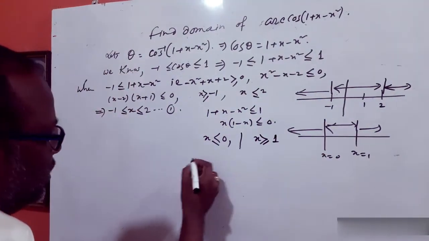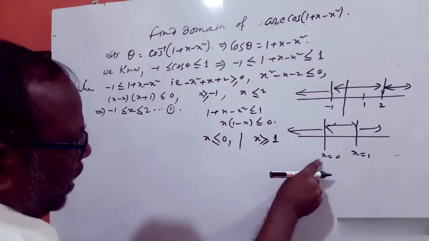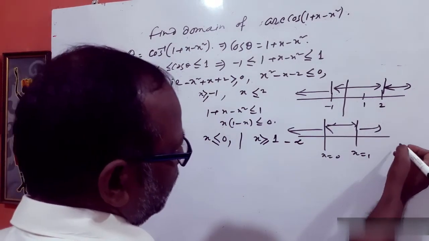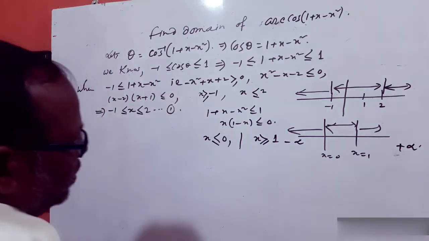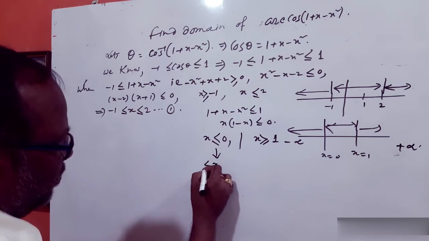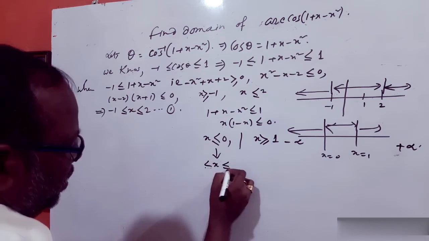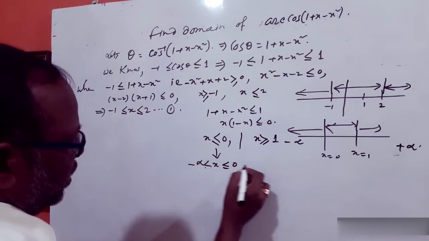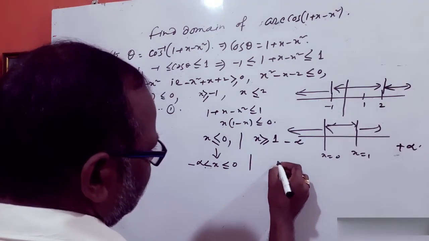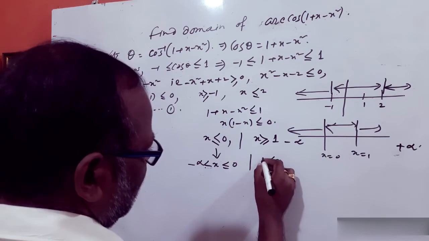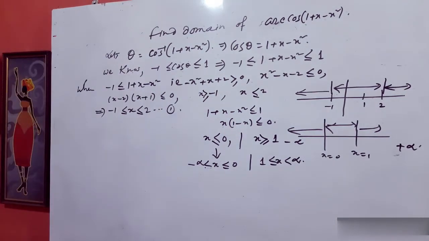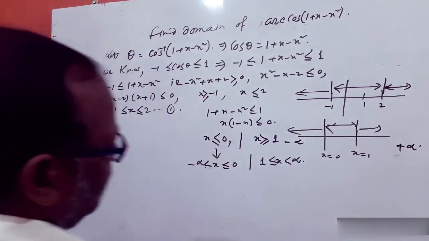Therefore for that region, x goes from minus infinity to 0, and x greater than 1 goes to positive infinity. So this region is satisfied.